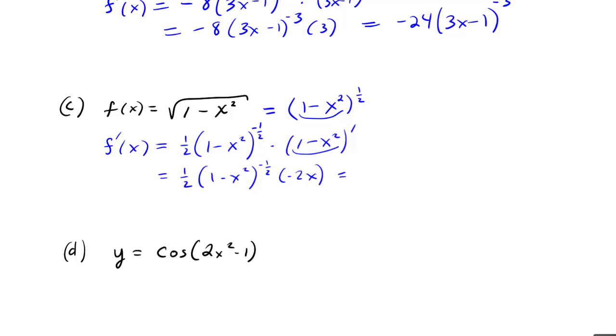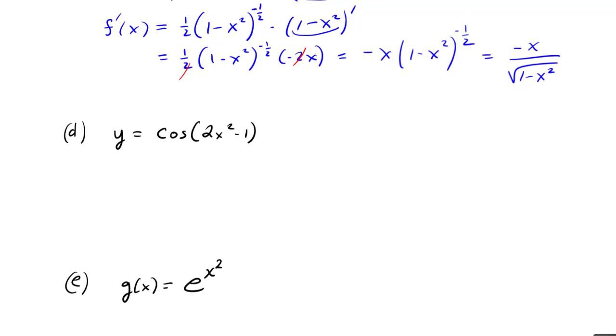So I end up with the 2's canceling there, getting negative x times 1 minus x squared to the minus 1/2, which is one way you could write this. Or if I wanted to go back to the root notation, this could be negative x over the square root of 1 minus x squared.